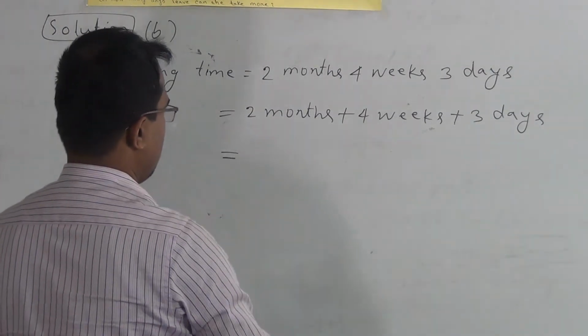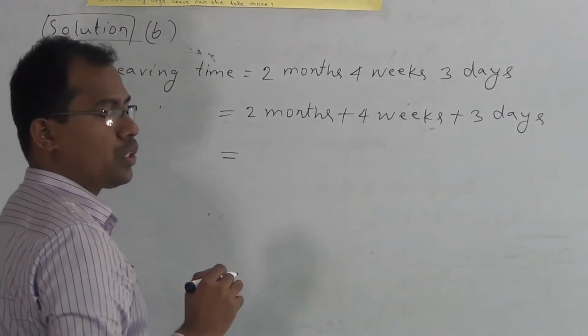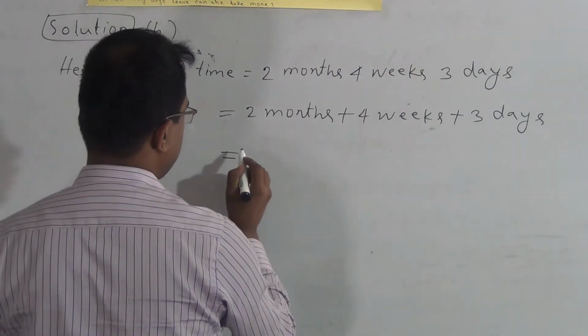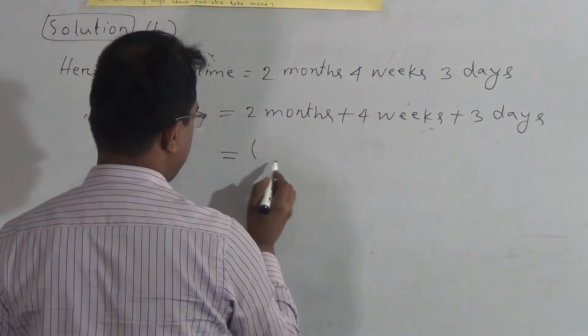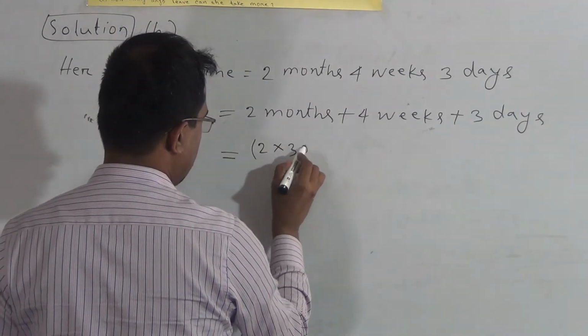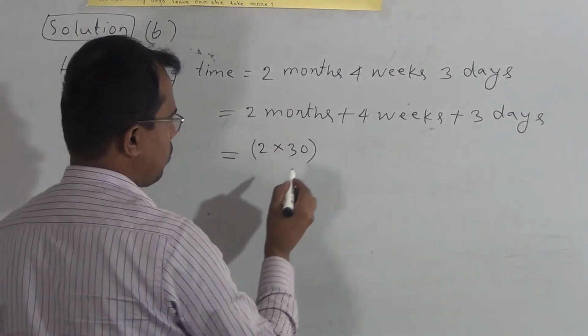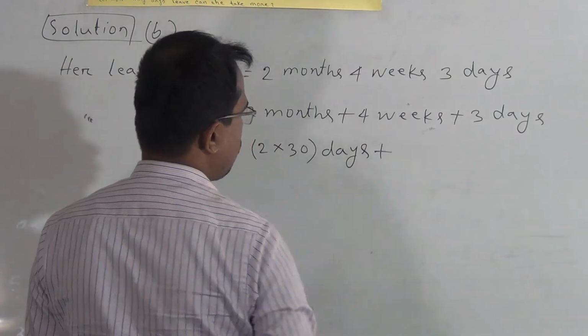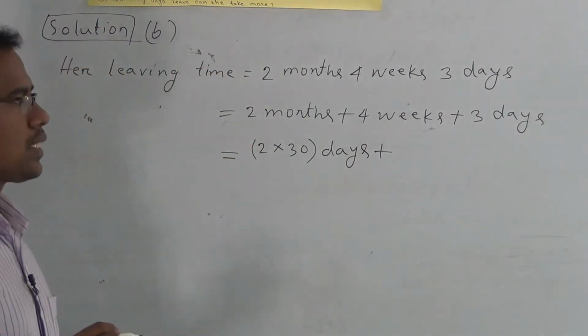We know that 1 month is equal to 30 days. So 2 months is equal to 2 times 30. That means we have to multiply 2 by 30. Now we cannot write months, we have to write days. Plus, we know that 1 week is equal to 7 days.